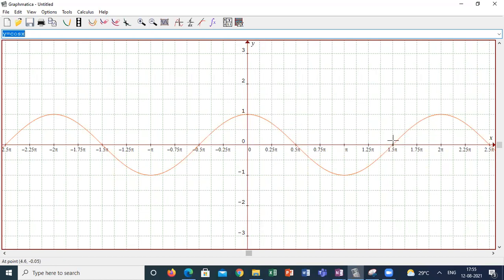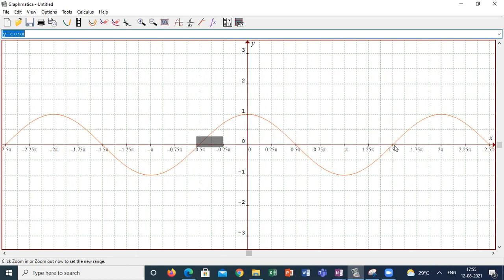Or you can take, see here, minus pi by 2 to pi by 2, that is 270 degrees to 90 degrees, that is minus 90 plus 90. Between 0 to pi is the principal value.